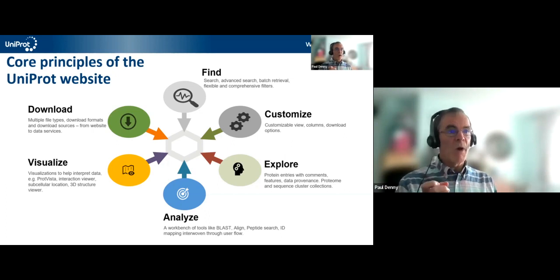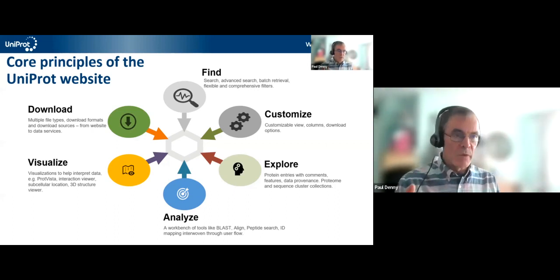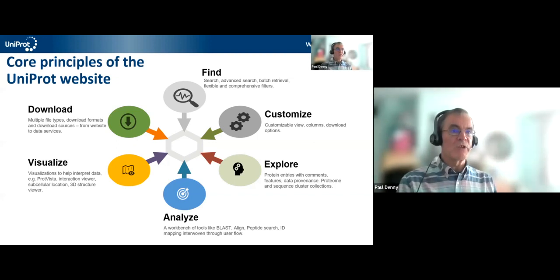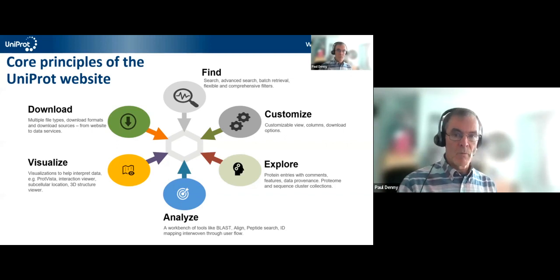One of the other key parts of the database is being able to find identifiers, unique identifiers, or even redundant ones built into the database. And then once you've got to a particular protein that you're interested in, you can find out more about it. It's very flexible and quite customizable. You can choose which particular kinds of data you want to view or to download.